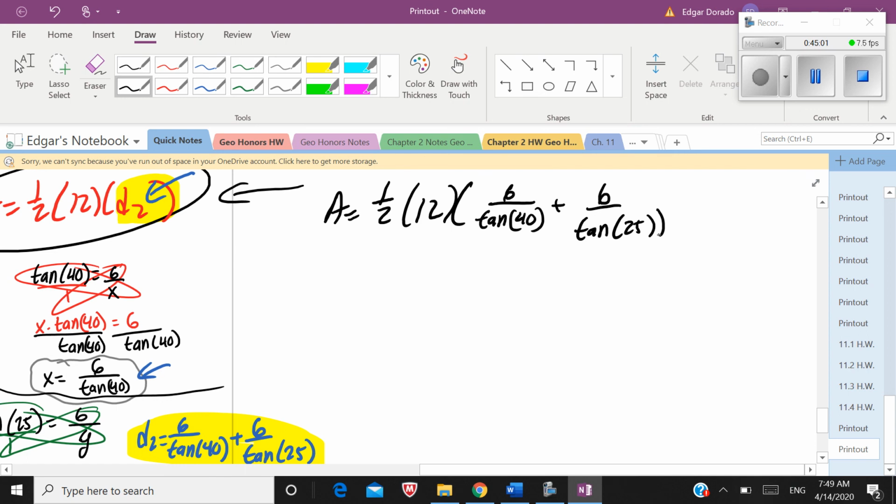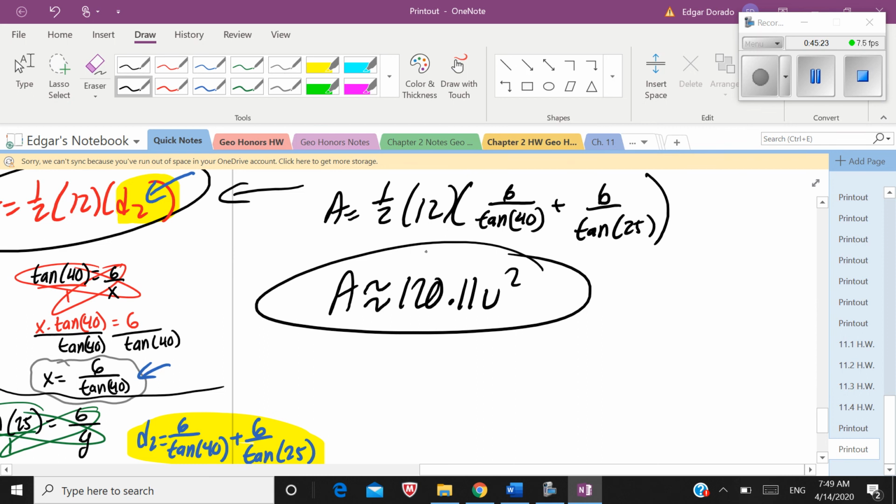You have to be really careful how you type that in your calculator, or if you want to do it in chunks, you may, but try to only round at the very end. Don't round anything until the very end, and if you do that, you should get approximately an answer of 120.11 units squared.